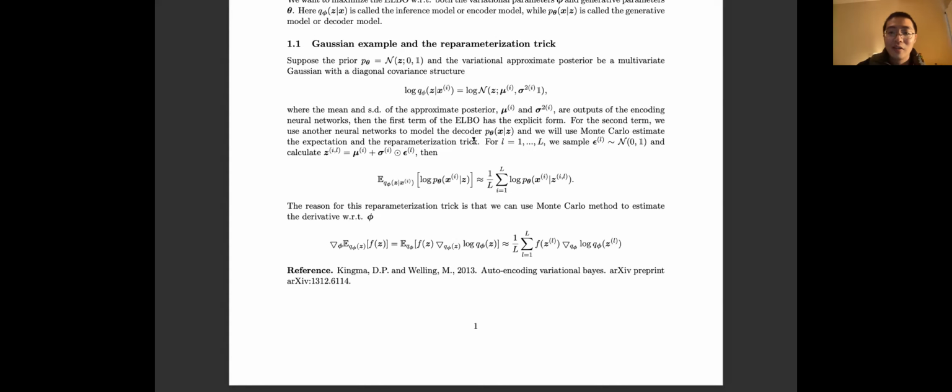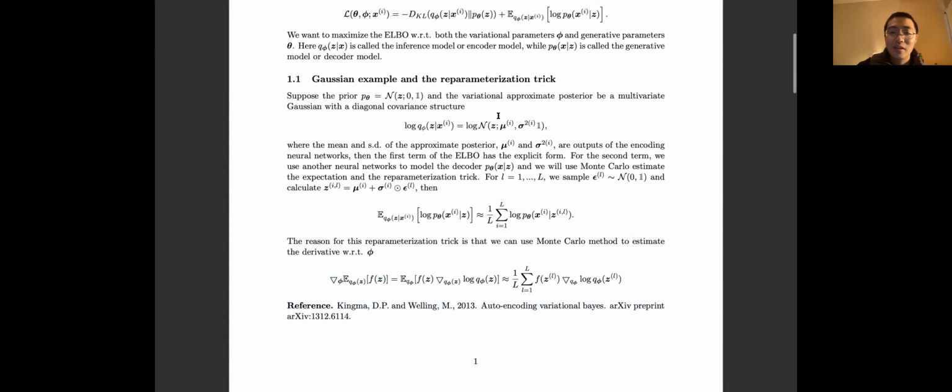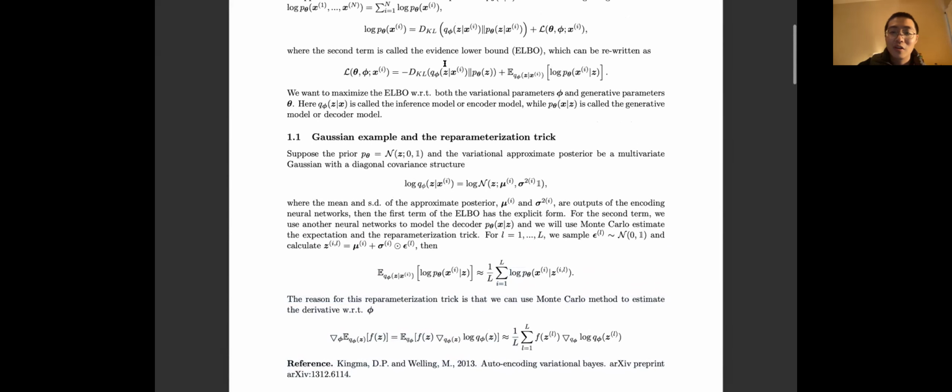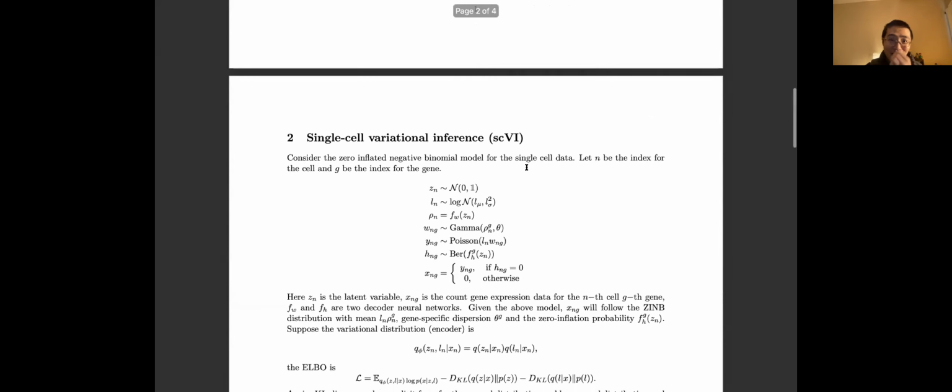Then, based on the prior and encoder form, we can compute the KL divergence, and based on the decoder form, we can calculate this term. So just focus on these three or four things.